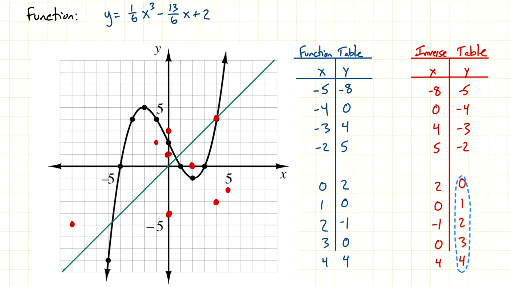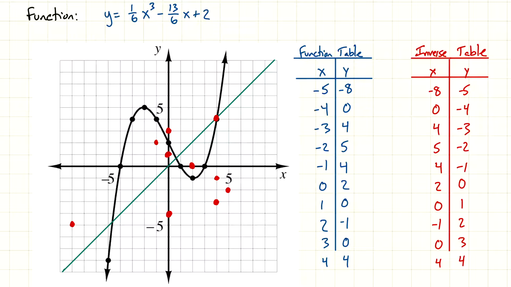All right, let me add in the missing points. So there was -1, 4. So that's 4, -1. Oops. 4, -1. All right, so I was just missing a point. Everything else was correct.